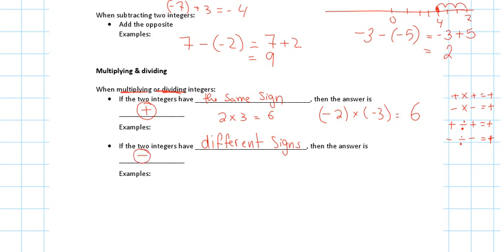So here's an example. 2 times negative 3 is negative 6. Why? Because one is positive, the other one is negative. A positive and a negative makes a negative.